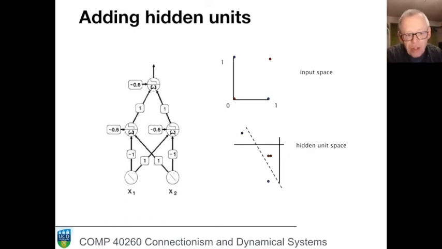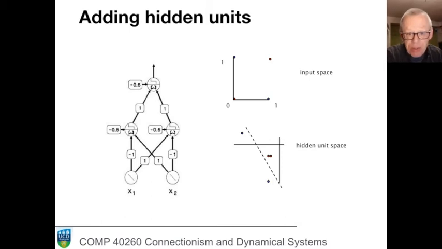The biases are shown as little numerical values to the left of the units here. And there's a set of weights, and you can verify for yourself that this set of weights accurately solves the problem.